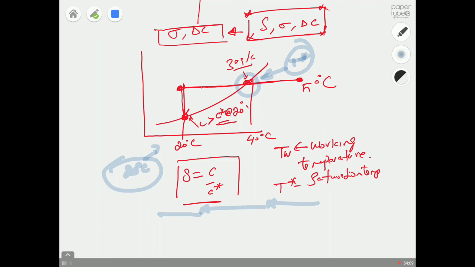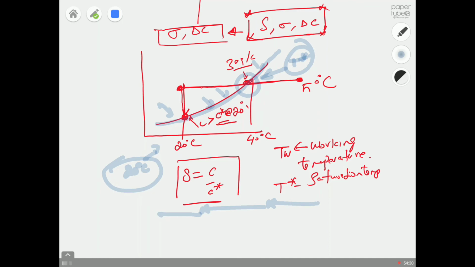So what we learned so far is how to perform a solubility measurement. Another thing I forgot to emphasize that is extremely important is this one. If you look at the trend line here, just follow the arrow I'm drawing.